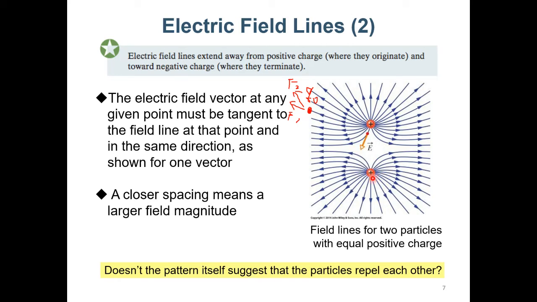Both of them are positive charges, so they should follow the electric field lines somewhat like this. This one should go up, this one should go down. But if you just imagine you place another positive charge maybe here, then it should follow the electric field line.